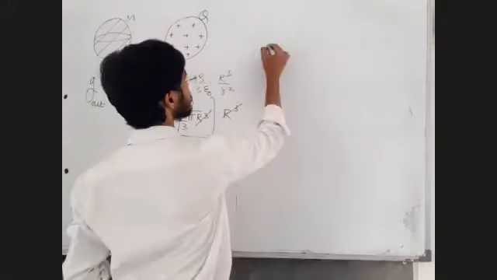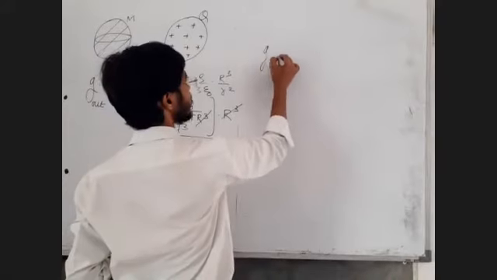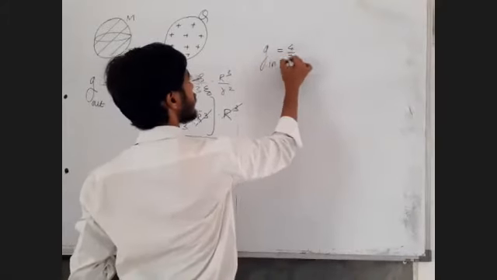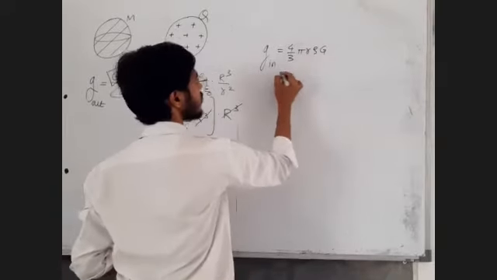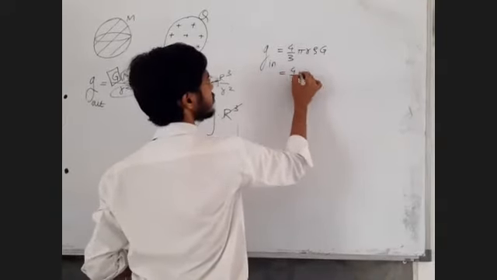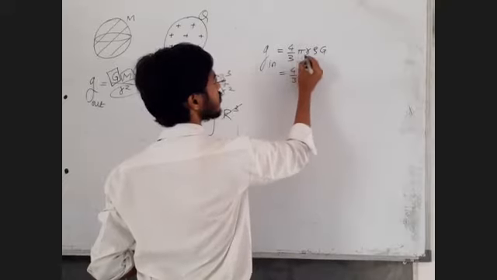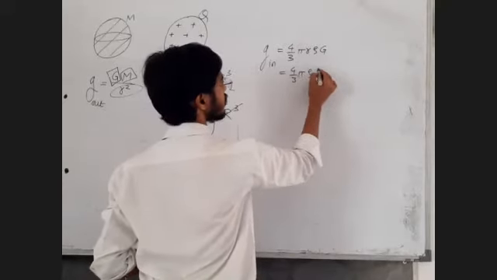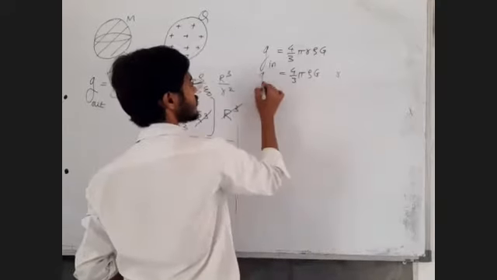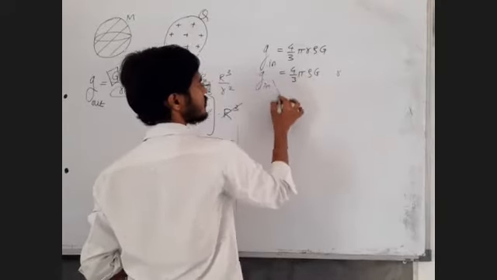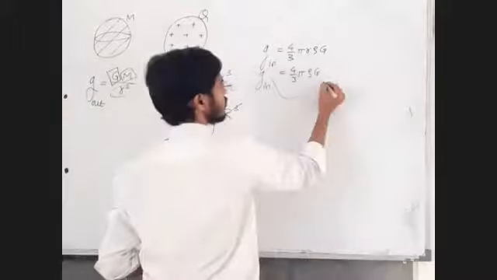Now inside, acceleration due to gravity inside the earth is 4 by 3 pi small r rho into G. This is acceleration due to gravity inside the earth, which is directly proportional to r.